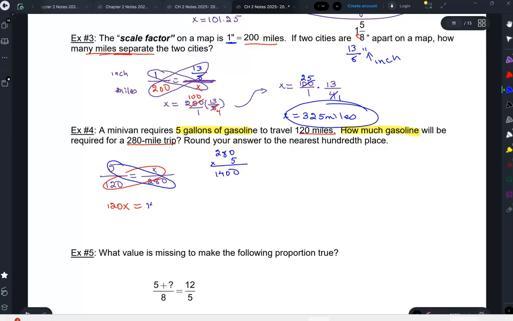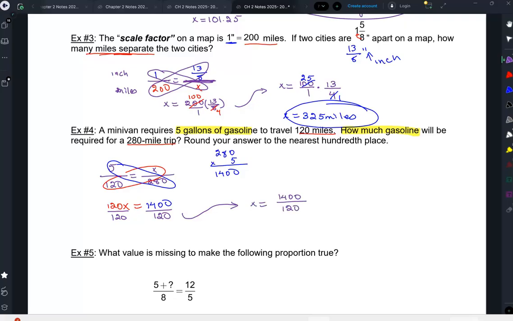So then, okay, so now what do I do? Divide by 120, divide by 120. So now you're on a test, right? You're doing this on a test. What are you going to do? Okay, let's go over here. X is 1400 over 120. Okay? All right.